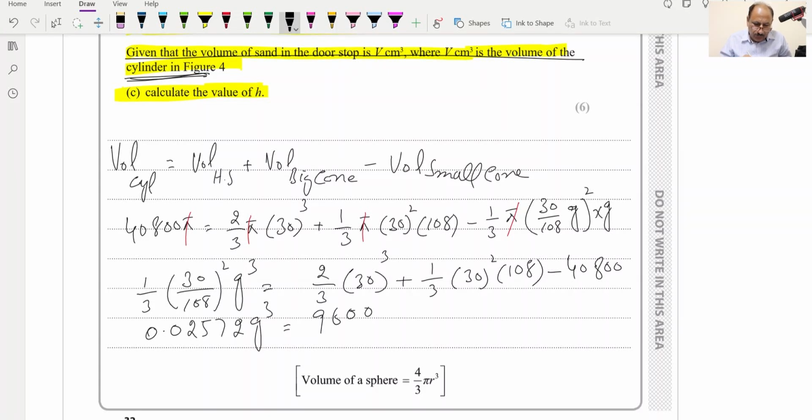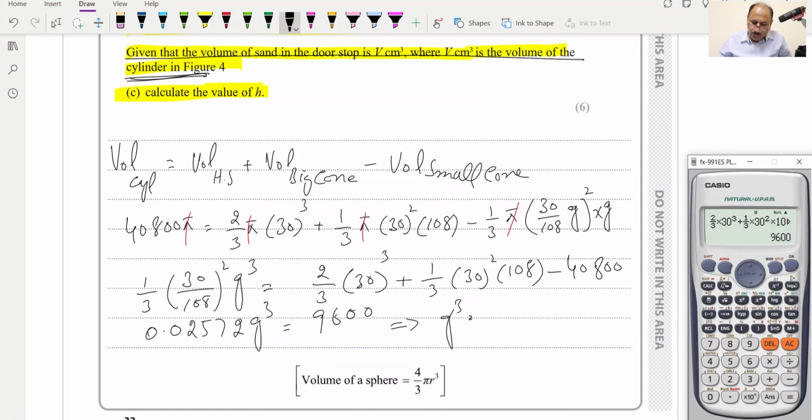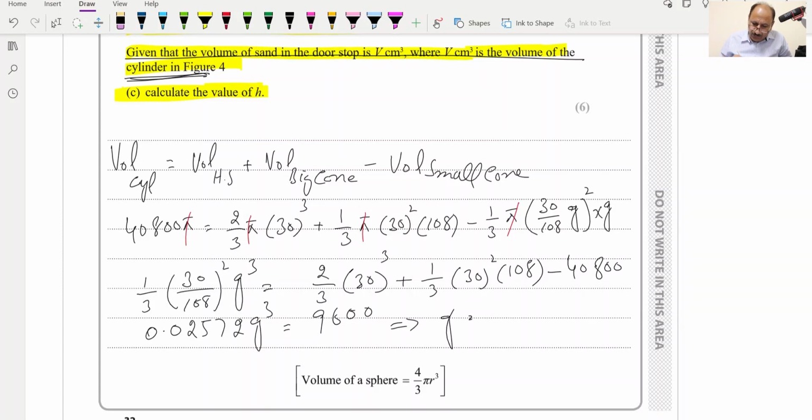And g cubed will be equal to, this implies g cubed is equal to 9600 divided by 0.02572, and this is equal to this one, and we can take the cube root, so directly we can write the g value.